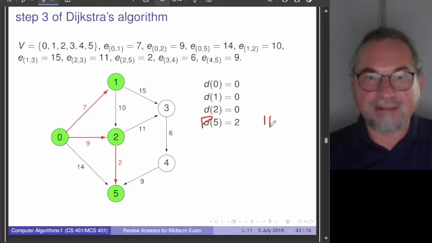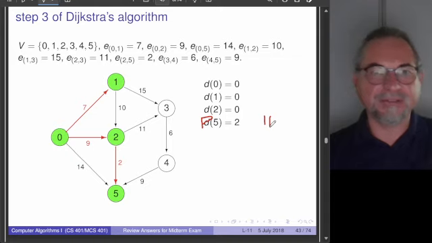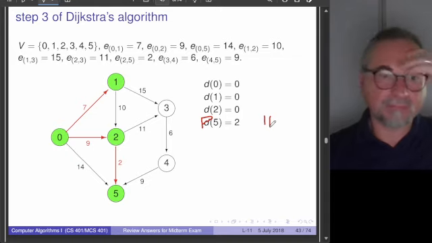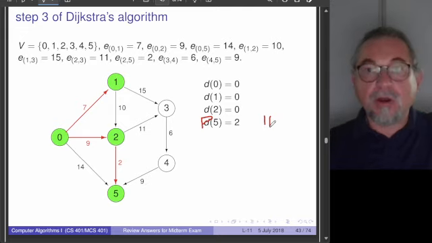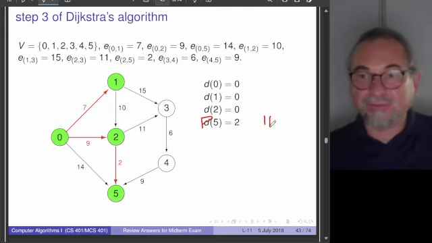And here, this is important because this is step 3 in the algorithm, where we started with the set of vertices that was selected, 0, 1, and 2, and we had to decide which vertex to add. On the picture, 2 is the obvious choice.